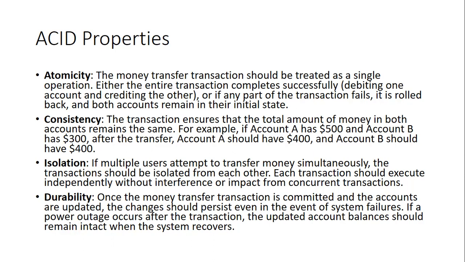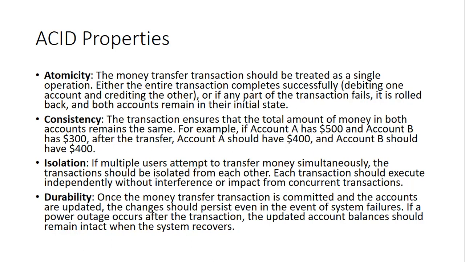We want to transfer $100 from A and put it into B. After this transaction is completed, A should reflect 400 and B should reflect 400, right? So 500 minus 100, and 300 plus 100 in B.